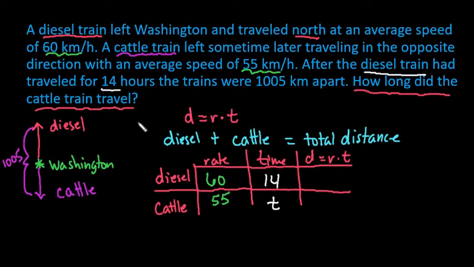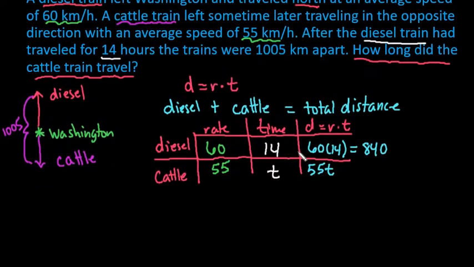To get the distance of our diesel train, we take 60 times 14, which gives us a total of 840 kilometers. So the diesel train has traveled 840 kilometers. The cattle train would just be 55 times t. I can't simplify that because that's our unknown. So we're going to put these two together.